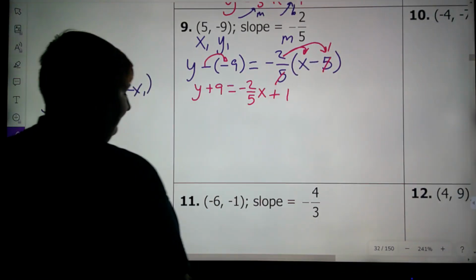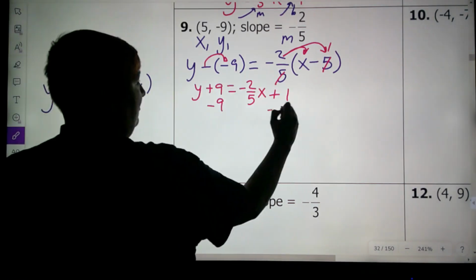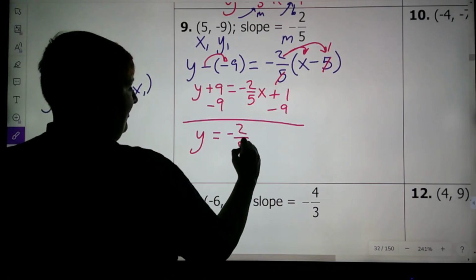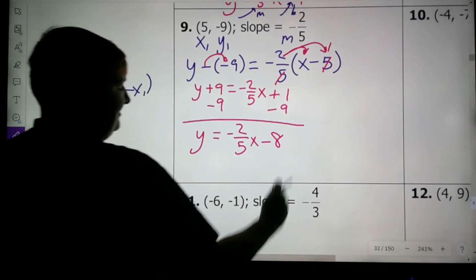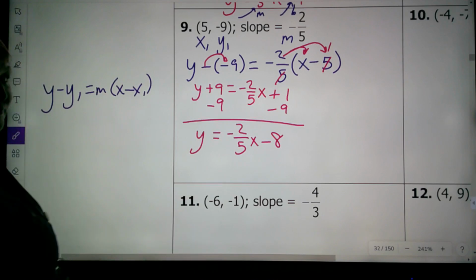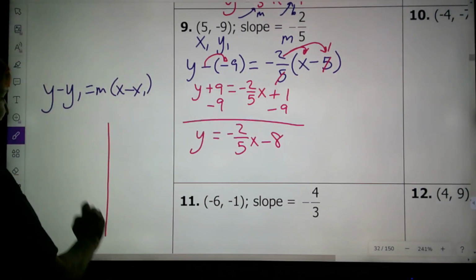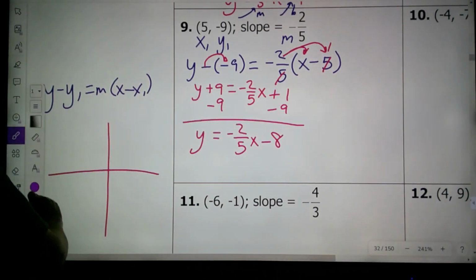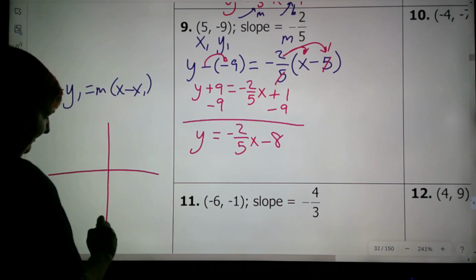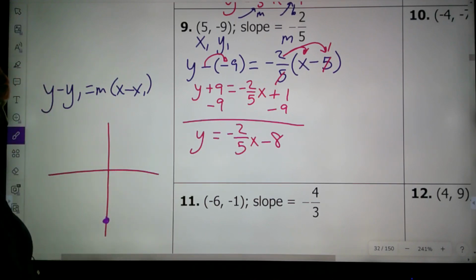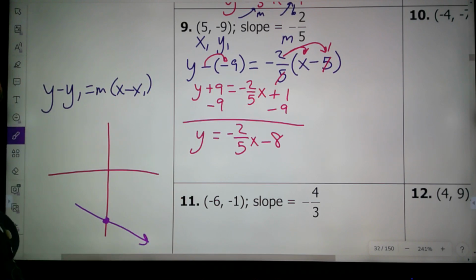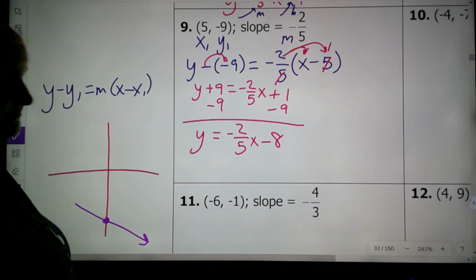Plus 1. Subtract 9 from both sides. y equals -2 over 5 x minus 8. Because there's a negative in front of the slope, we know that when we graph it, it's going to start somewhere down here at -8, and it's going to go downhill. It's going to have a negative slope. We know this just by looking at that equation.